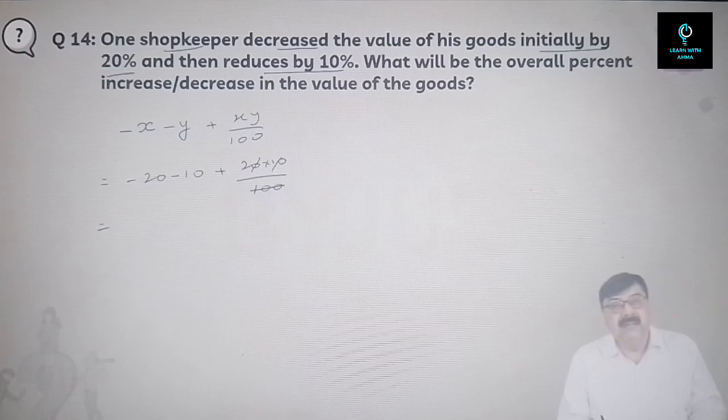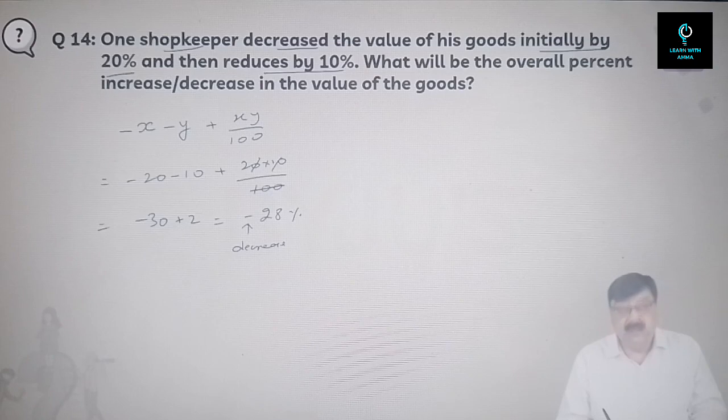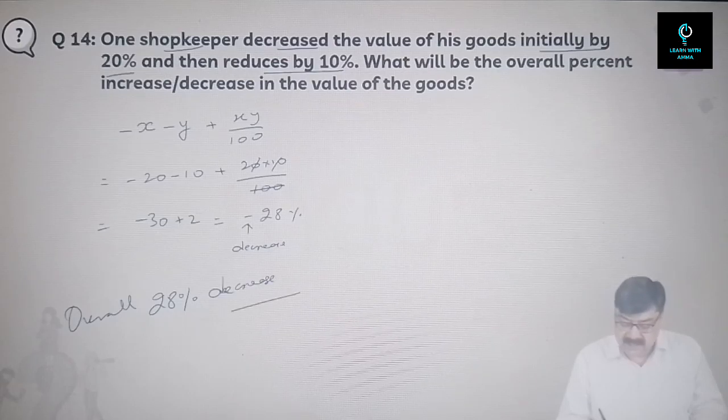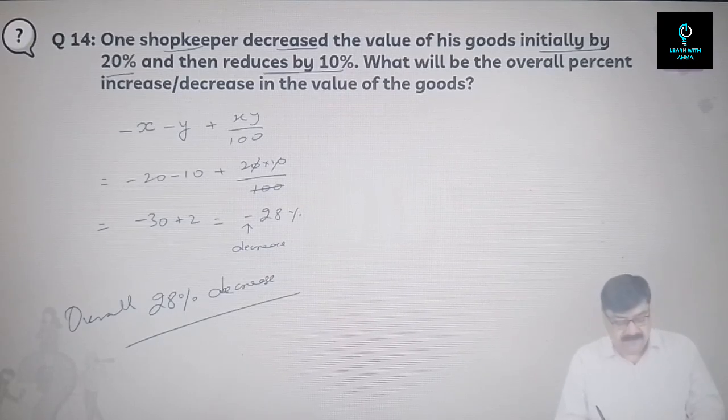So minus 20 minus 10 is minus 30 plus 2. So minus 28%. Minus indicates a decrease. So there will be an overall 28% decrease in the value of the goods.